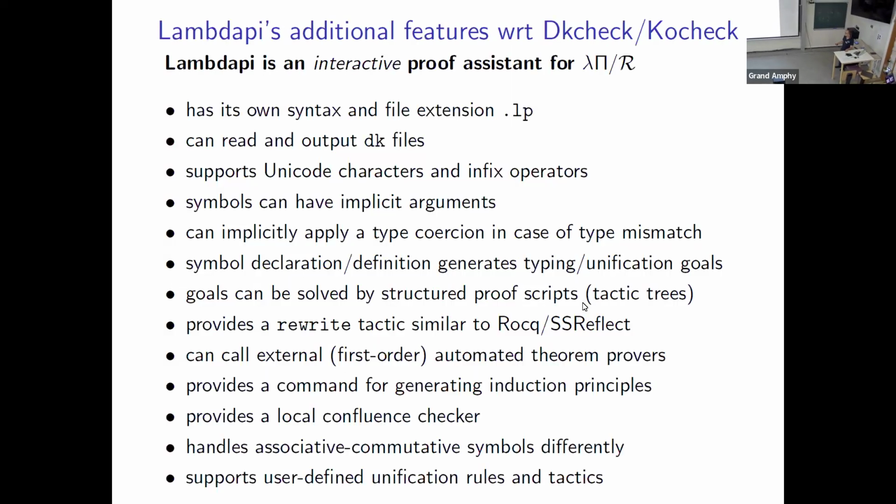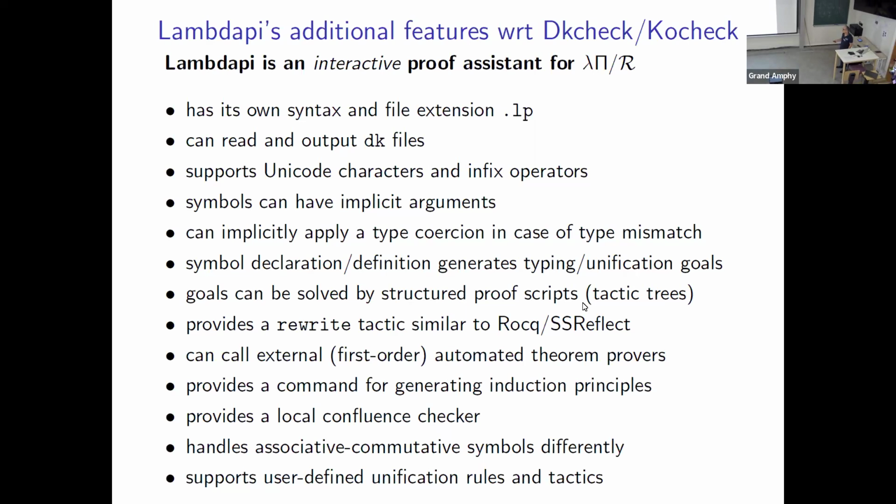And so to summarize, here I mentioned all the features that we have in addition to lambda pi: a more friendly syntax, but we can still read it back in Dedukti, so it's compatible. So we have implicit arguments.